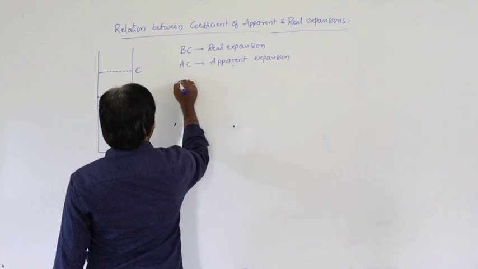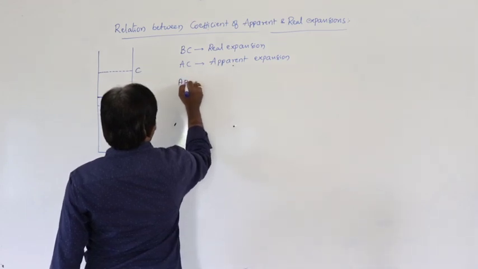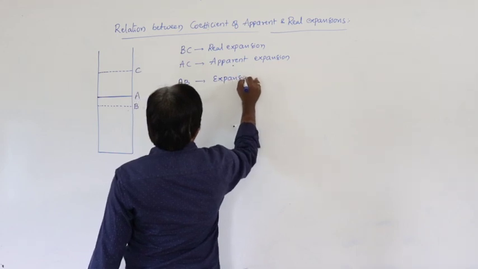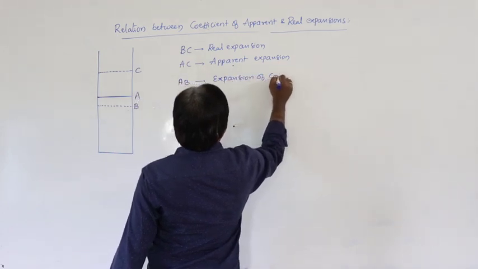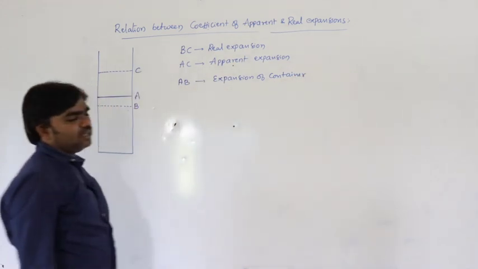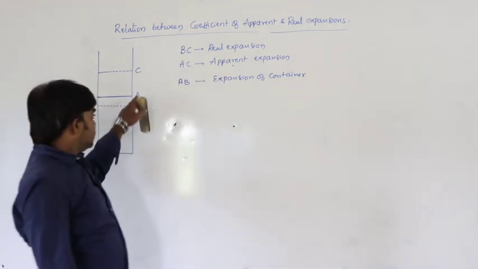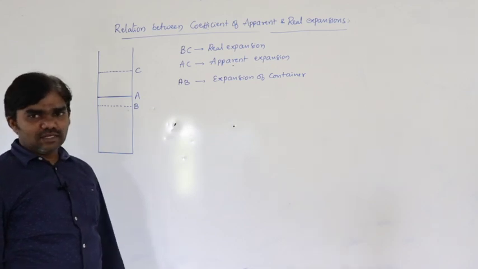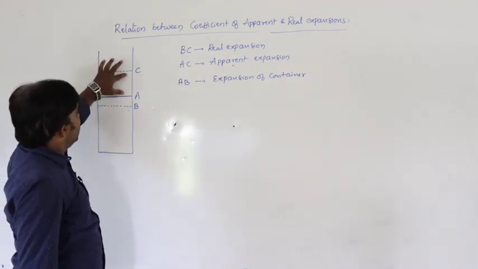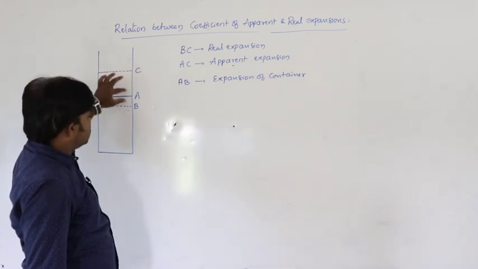And what is AB or BA? AB is the expansion of the container. Whatever container we considered, AB is the expansion of the container. So only BC is called real expansion and AC is called apparent expansion.